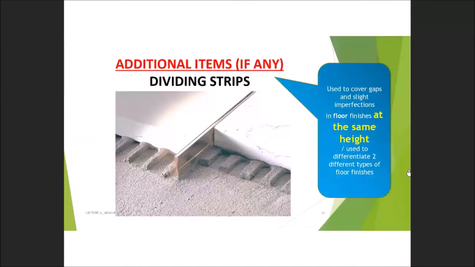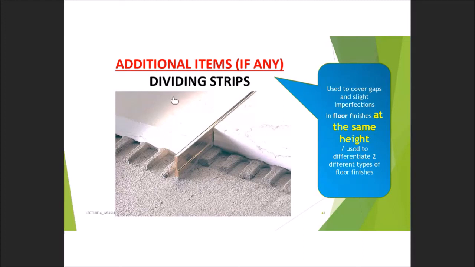So the last item in this floor finishes is measuring the dividing strip. This is the example of a dividing strip. Can you see this vertical part? It is normally used to cover the gap, or to cover the imperfection, or used to divide different material at the same height.